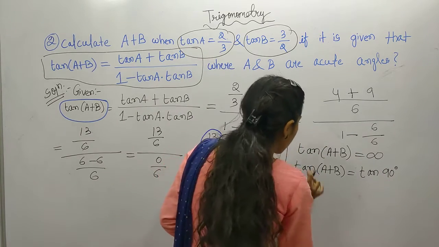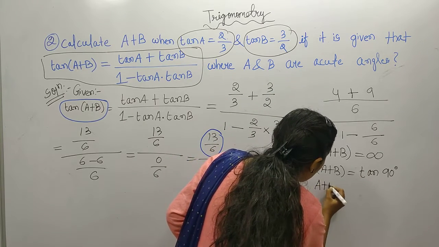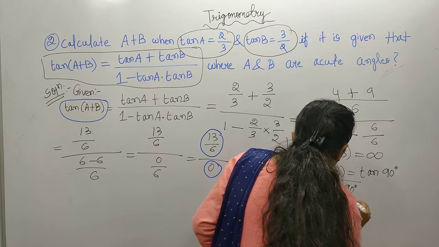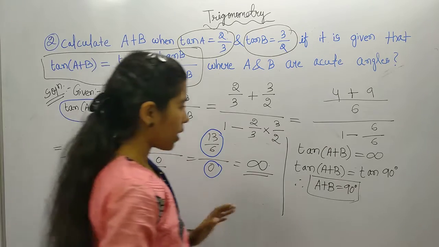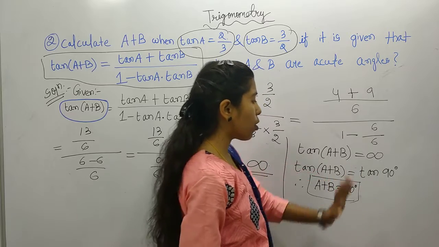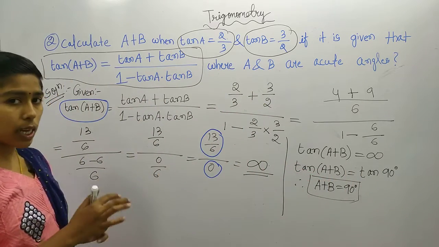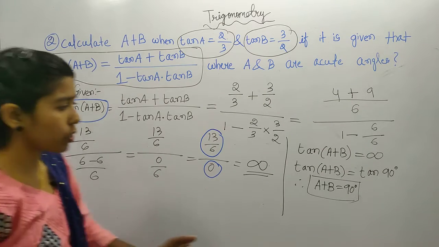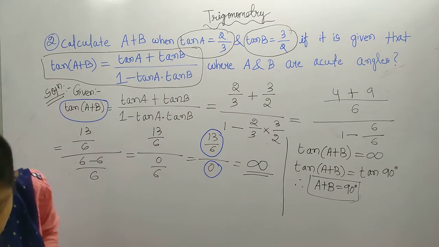Then tan will cancel on both sides, therefore A plus B equals 90 degree. So here our answer is 90 degree. You might be wondering why I have written tan 90 degree instead of infinity. There is a trigonometry table of values, so I will tell you about that. For now, note that the value of tan infinity is tan 90 degree.